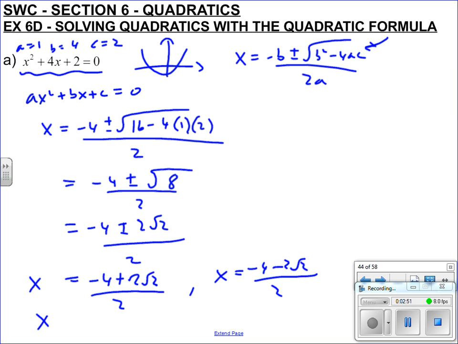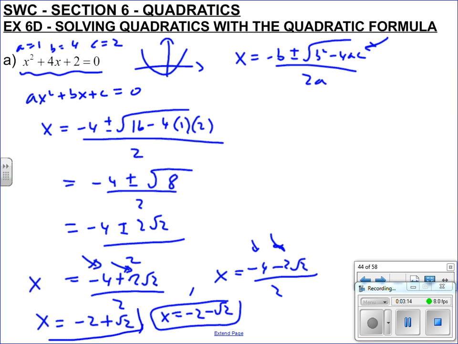And these can be simplified, can't they? Because everything here is divisible by 2. So minus 4 divided by 2 is minus 2, and 2 divided by 2 is just 1. So we get x is minus 2 plus root 2. And same thing here, x is minus 4 divided by 2 is minus 2, and minus 2 divided by 2 is minus 1. So there are our final answers, and we can box them.